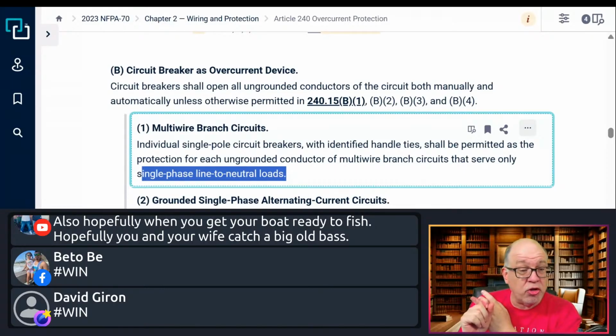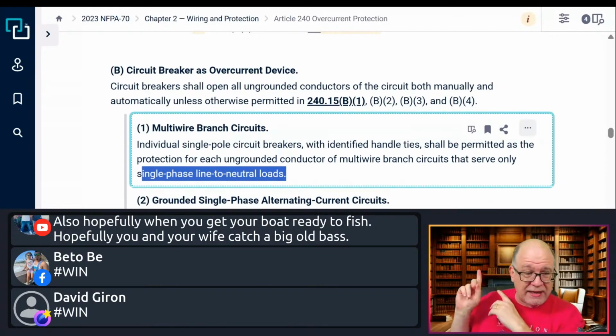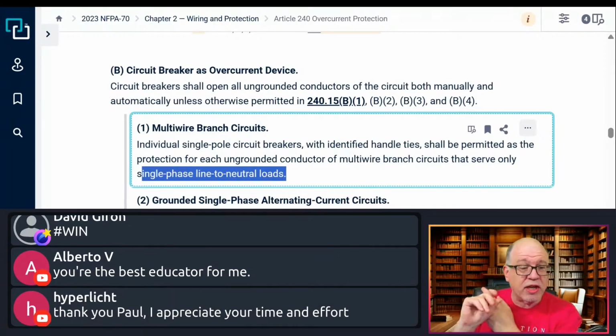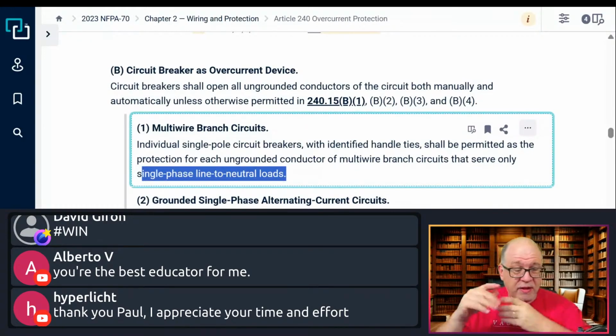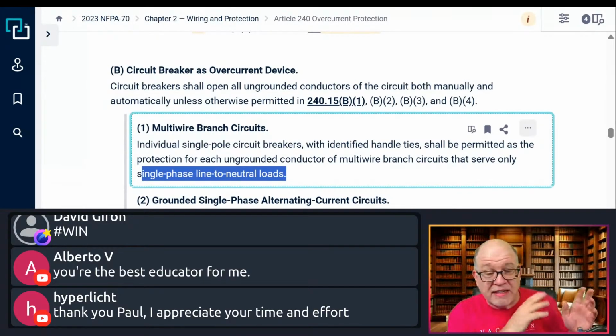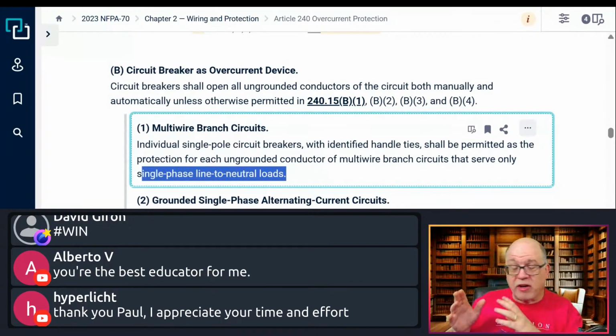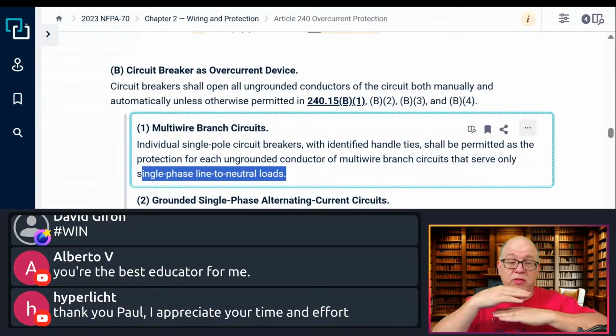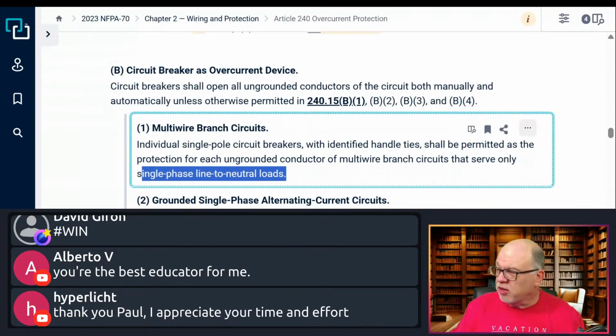As long as, and these are little nuances you have to see because you saw our other rules that say we'll let you do some line-to-line, but you can only use single-pole circuit breakers with identified handle ties as an option for single-phase line-to-neutral loads. They cannot be used for line-to-line. So while the code permitted us to do that in 210.4, when it comes to the circuit breaker application in a multiwire branch circuit, it's saying I'll let you use two single poles with an identified handle tie, but that can only be used for line-to-neutral loads. Makes sense, right?